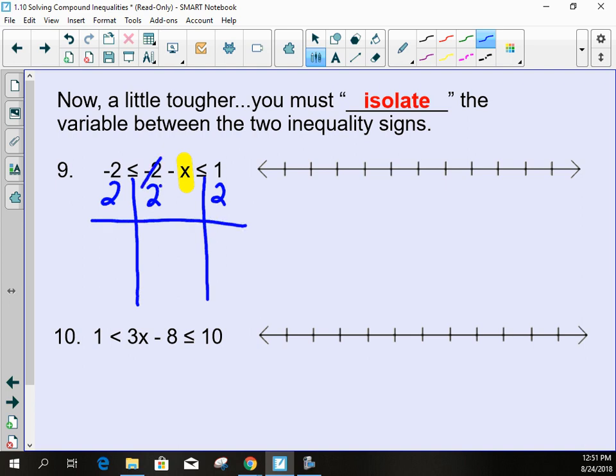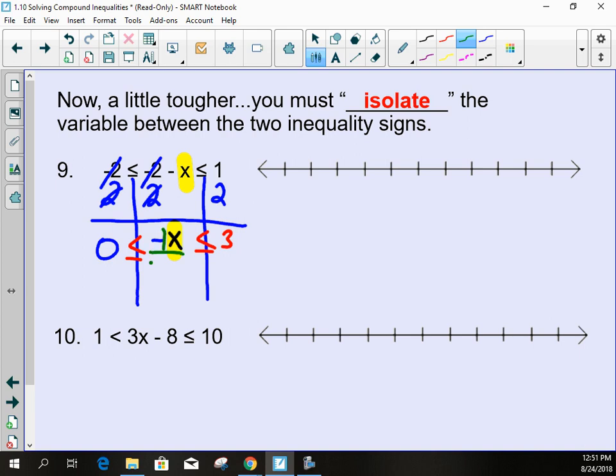So this cancels, leaving me -x. This cancels, leaving me 0. And then here's my inequality, less than or equal to. Here's my inequality, less than or equal to. And then that's a 3. Is my x all by itself? No. Nope, there's a -1 right here.